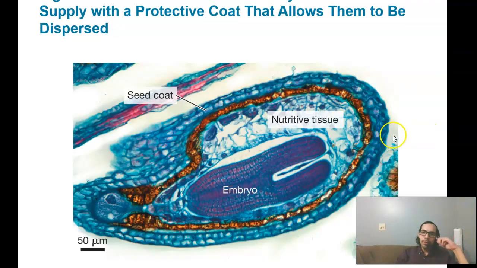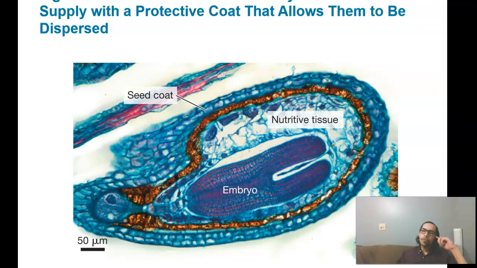So here is an image of a seed on a slide. We do have the seed coat, which is a protective layer. We have the nutritive tissue, that's the food source. In gymnosperms, we looked at the megagametophyte.